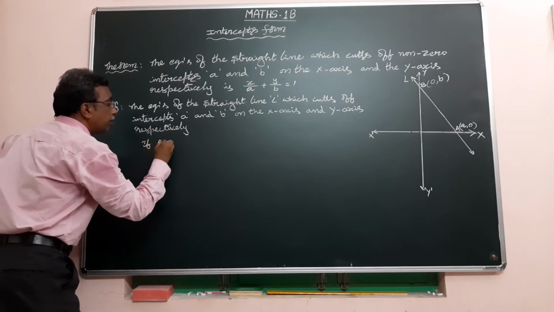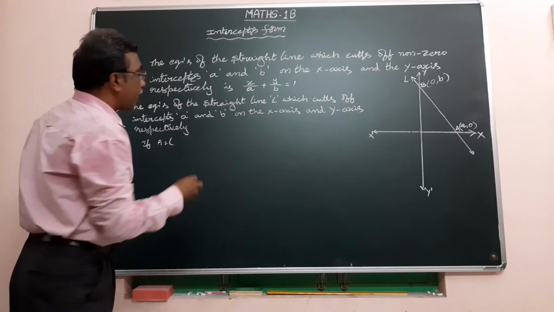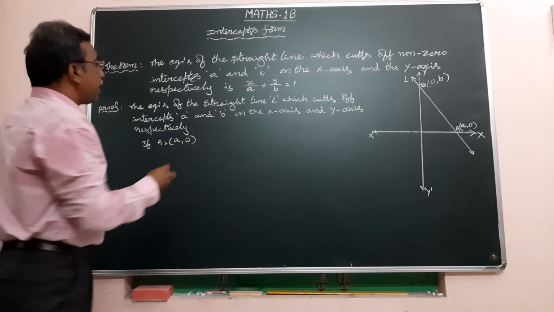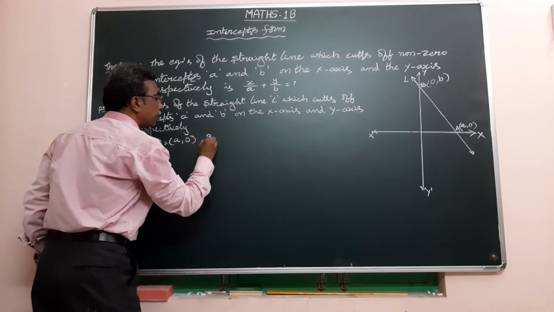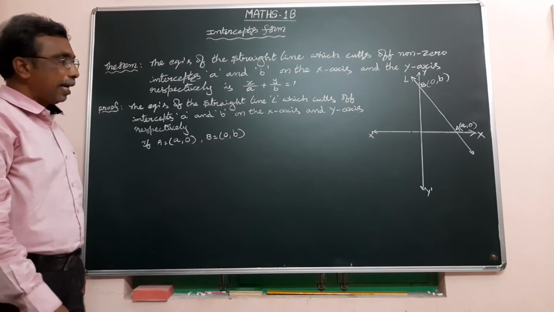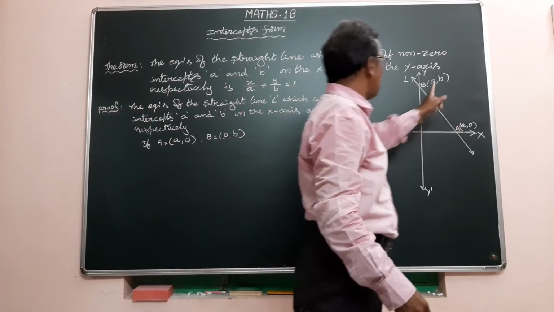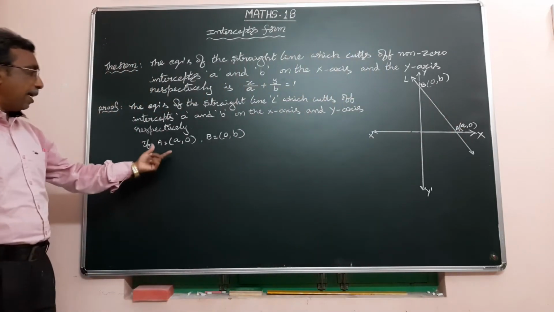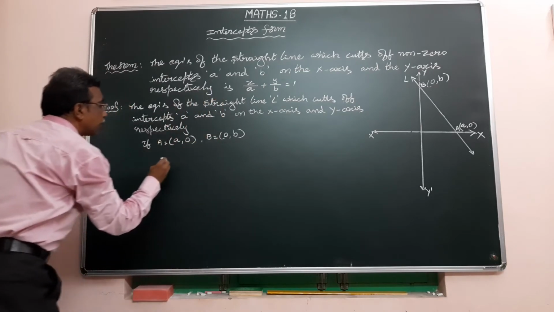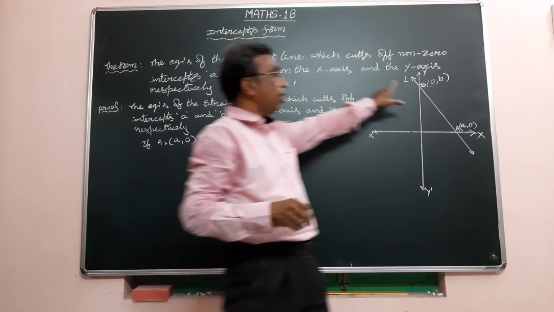A equal to A comma 0, B equal to 0 comma B. Find out slope. Slope means this line's slope.